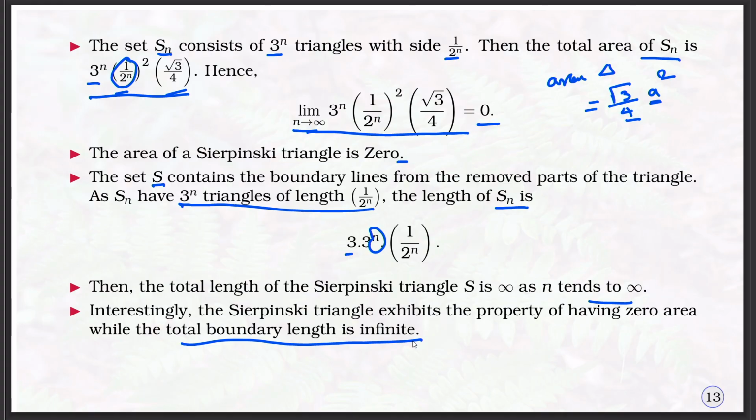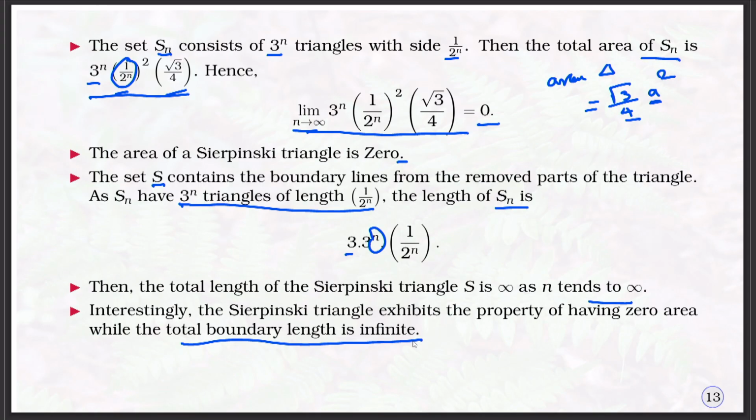What we discussed in the Cantor set: the Cantor set has infinitely many points, whereas the length of the Cantor set is 0. Now, here in the Sierpinski triangle, the area is 0, whereas the total boundary length is infinity.